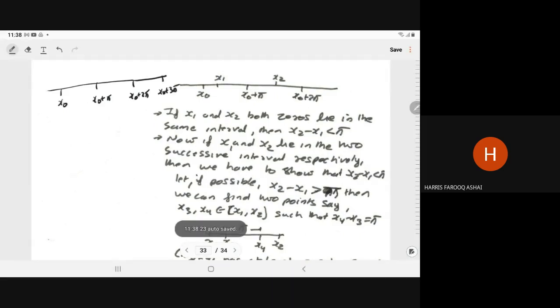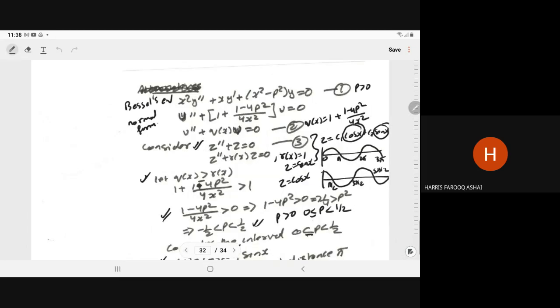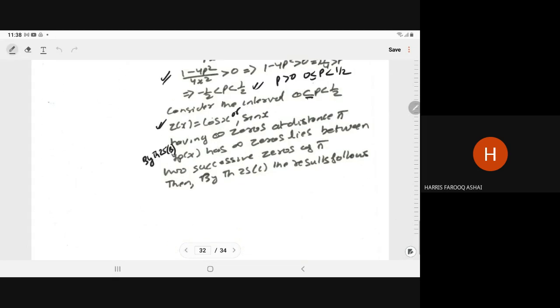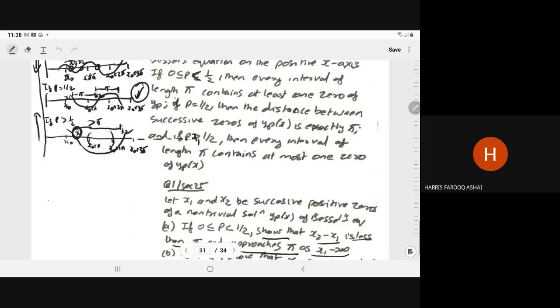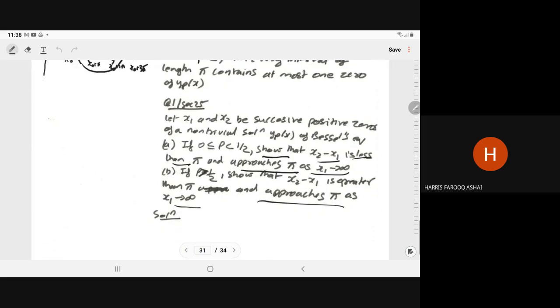If x1 and x2 both zeros lie in the same interval, let's say this is x1 and this is x2. If this length is pi, naturally this length is less than pi. So that is the first statement. If p is greater than or equal to 0 but less than half, then x2 minus x1 is less than pi.